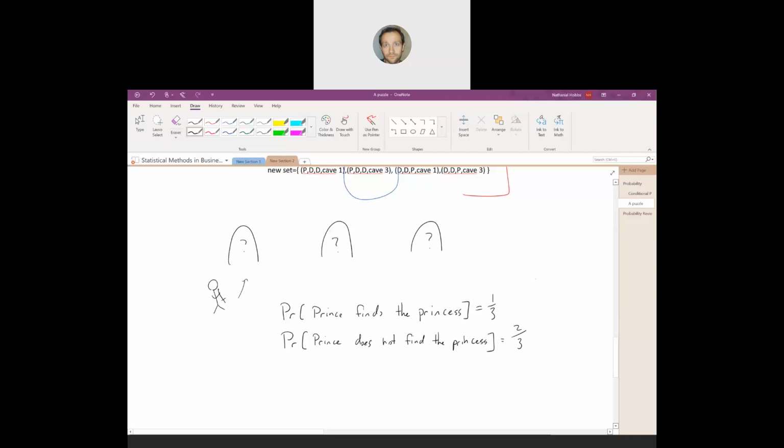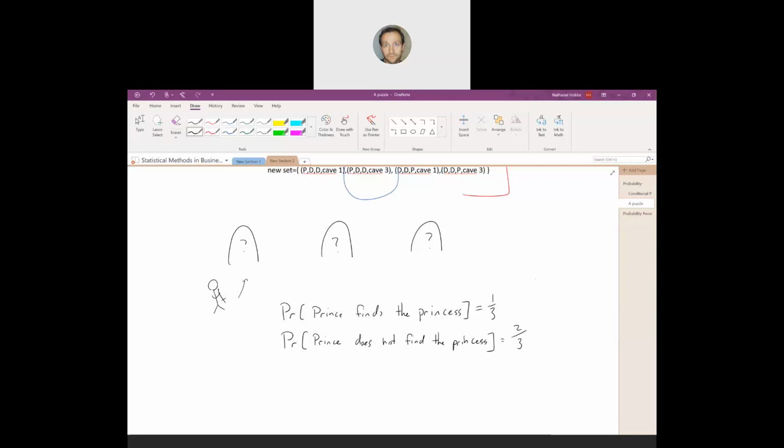Okay. So the prince, having made some choice, for example, he's going into the first cave. He knows he only has a 1/3 chance of finding the princess there. Conversely, he knows that he's probably wrong. I mean, he has a 2/3 chance of walking into a cave with a dragon in it. So, in his head, it's helpful to look at it from the perspective of the fact that his first choice was probably wrong.